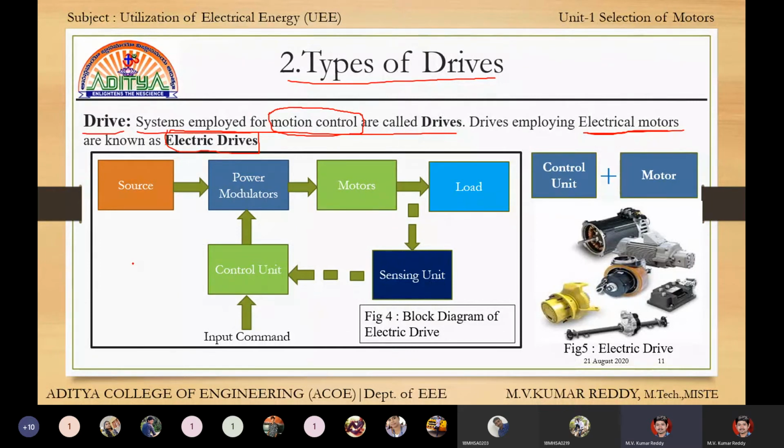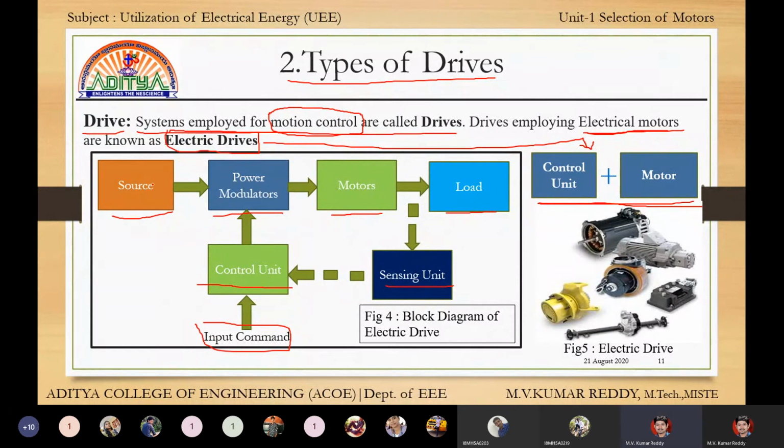The main blocks are source, power modulator, motor, load, sensing unit, and control unit, with the input command. In short, an electrical drive is the combination of a control unit and a motor.